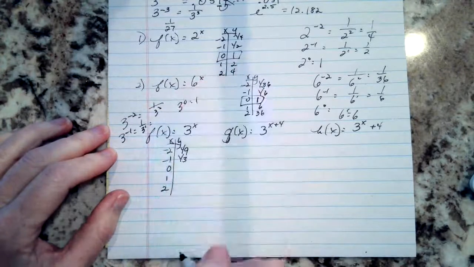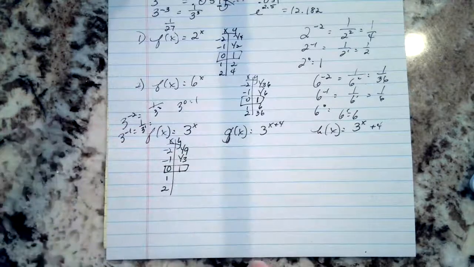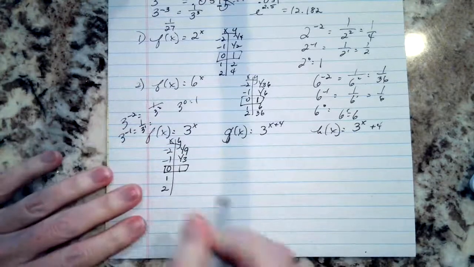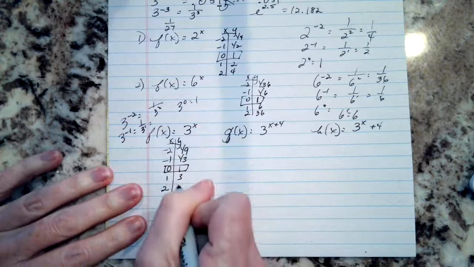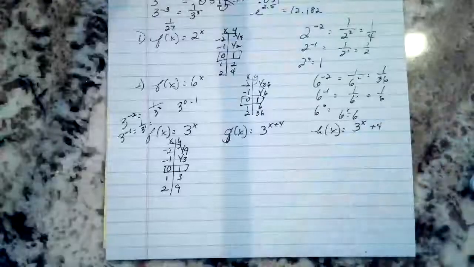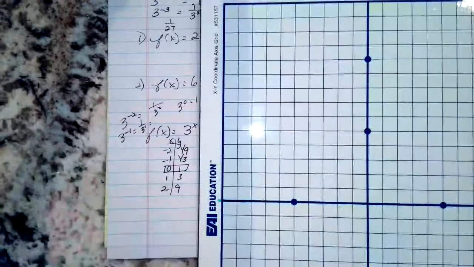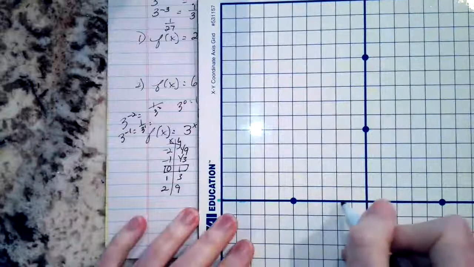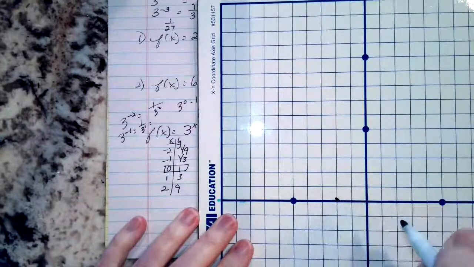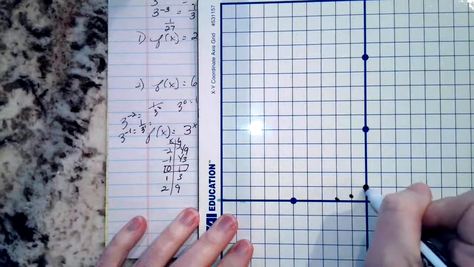3 to the 0 power is 1. Anybody raised to the 0 power is 1. There's our standard. We'll always go through 0, 1. 3 to the first power and 3 to the second power. Okay, let me graph that for you. Always going to be the same shape. -2, 1/9. -1, 1/3. 0, 1.